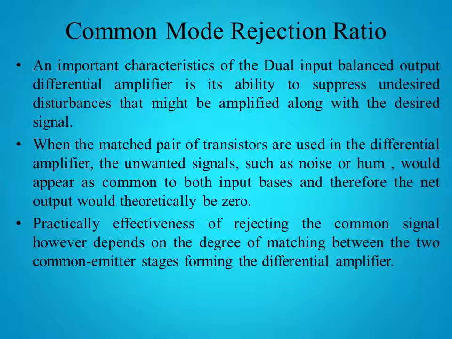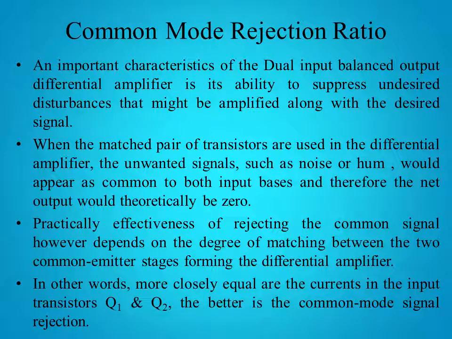Some degree of difference remains, and it depends on how perfectly we match the two transistors and the stages, so that the effect of noise is reduced. Theoretically we can put it as zero, but practically it is not zero.